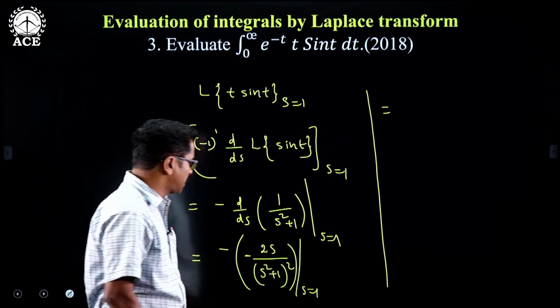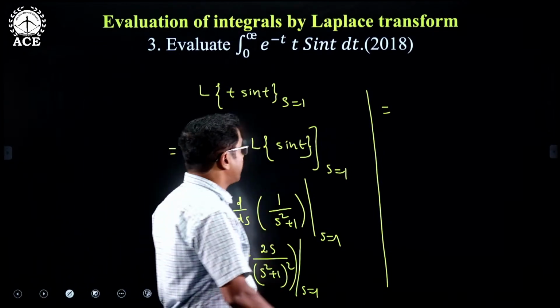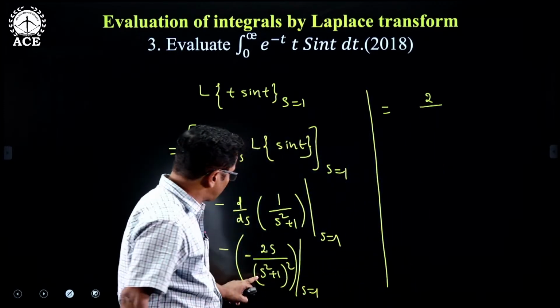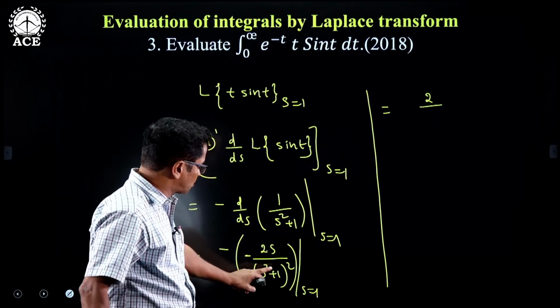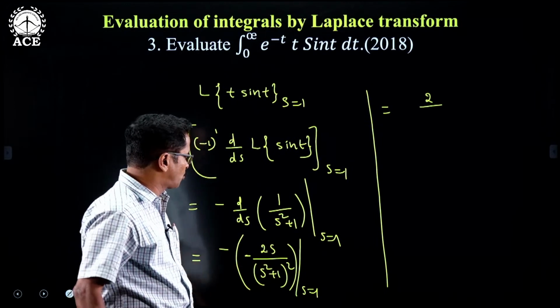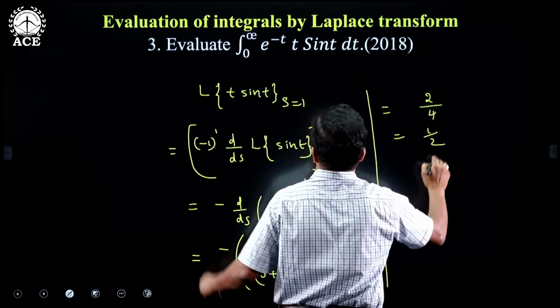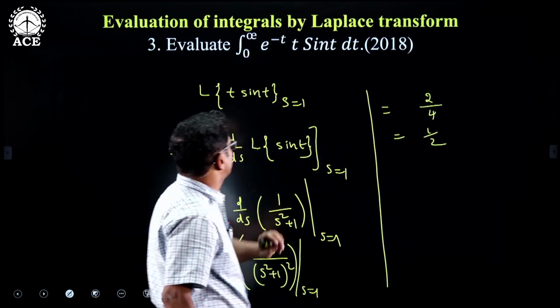Minus into minus is plus, and substituting s by 1, it is going to be 2 by 1 square plus 1, that is 2 whole square, which means 4. 2 by 4 is going to be 1 by 2. So the Laplace transform of this is going to be 1 by 2.